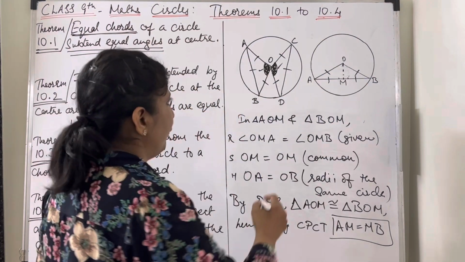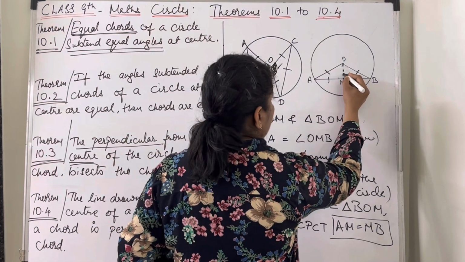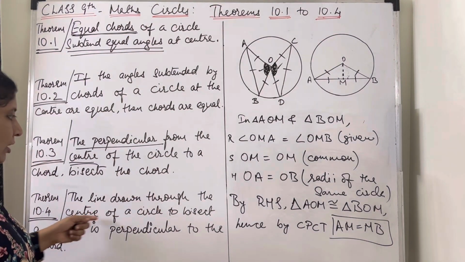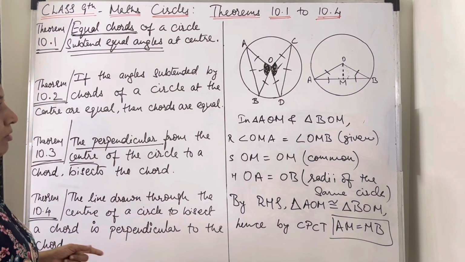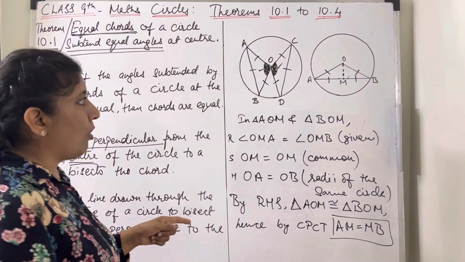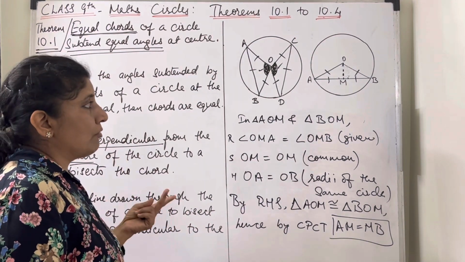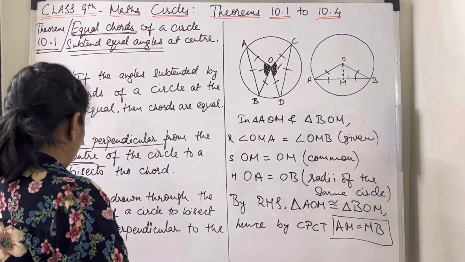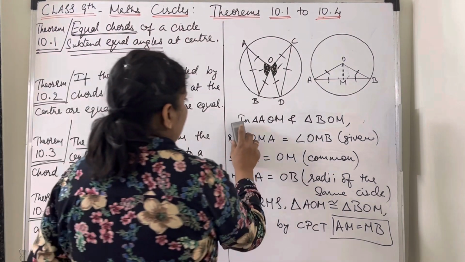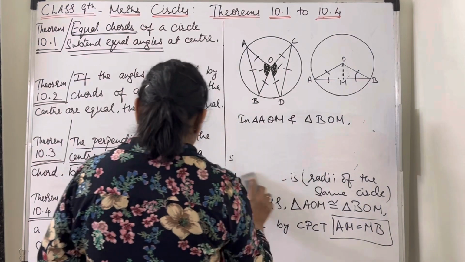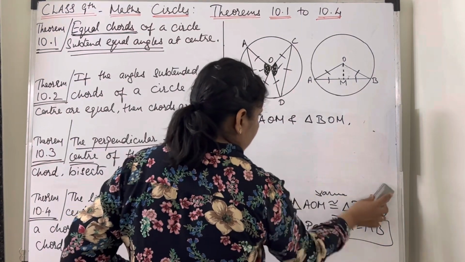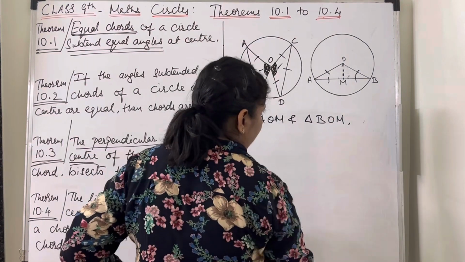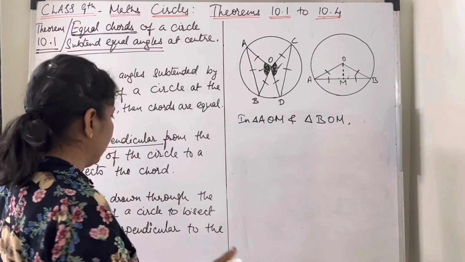Now this line is bisecting the chord AB into two equal parts, that is, AM is equal to MB is already given to you. Then we have to prove that the angles are the same, that means they are both 90 degrees.